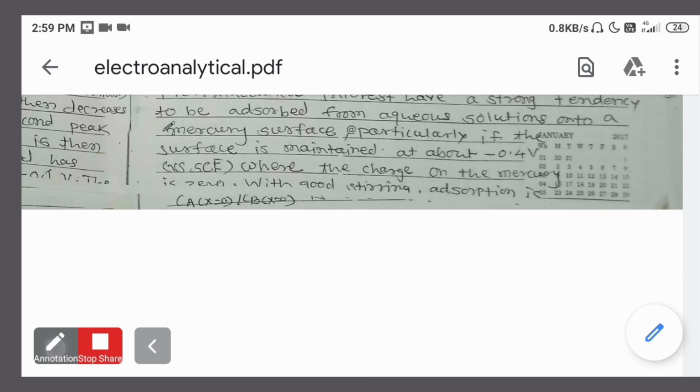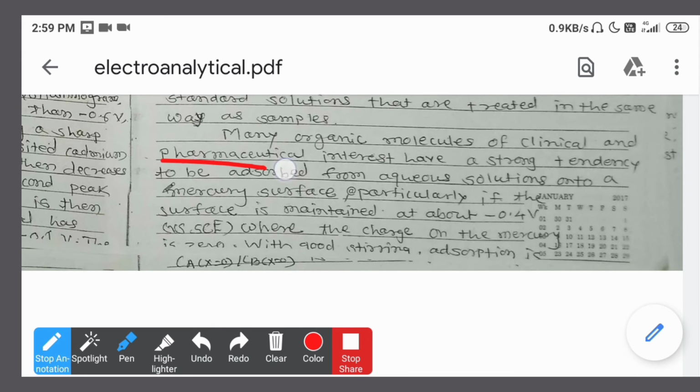So many organic molecules find use in clinical as well as pharmaceutical applications. For example, from the aqueous solution onto the mercury surface, the voltage is maintained at about minus 0.4 volt on the mercury drop electrode, and this deposition depends upon the stirring rate, because the deposition occurs only by physical adsorption.